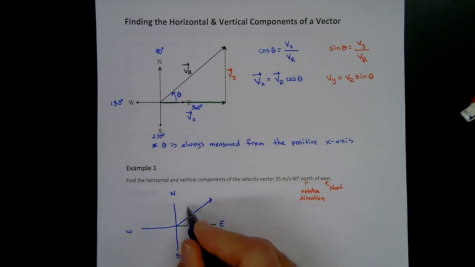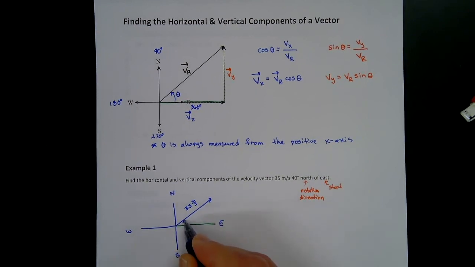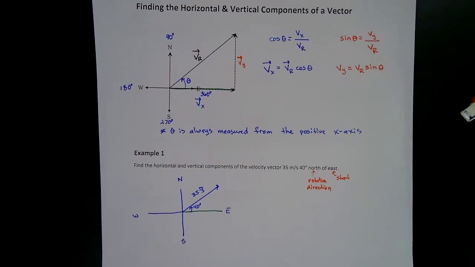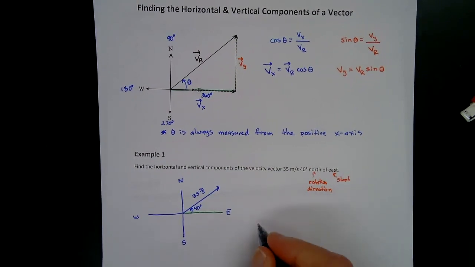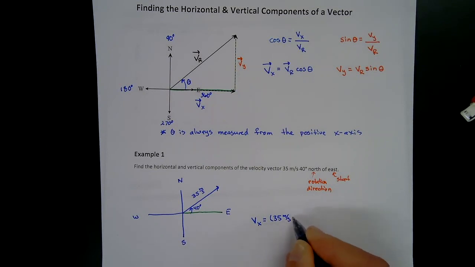I know the magnitude is 35 meters per second, and I know this angle right here because I rotated from the east 40 degrees. That means my horizontal component V sub x equals 35 meters per second times cosine of 40 degrees.